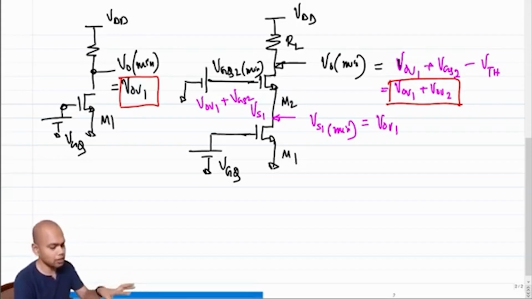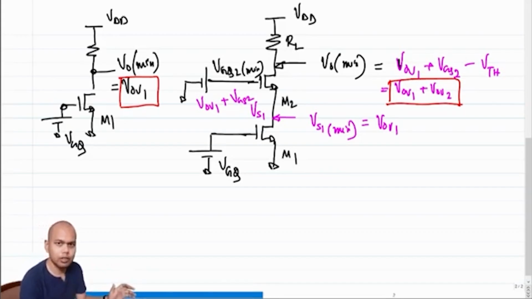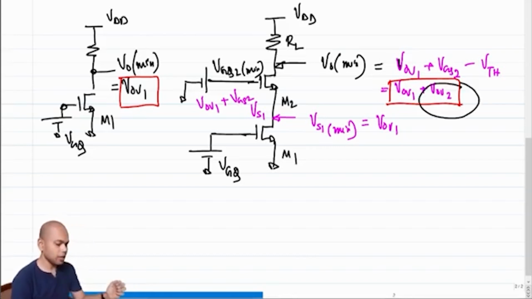So the cascode stage, the extra current buffer, needs some headroom in order to bias itself, and because it needs some headroom, you need to budget for that. And what is that cost? The cost is the overdrive voltage of the transistor. Okay, so this is the cost that you pay.